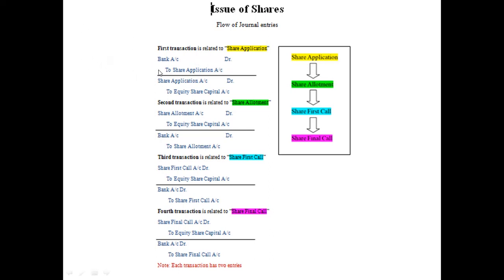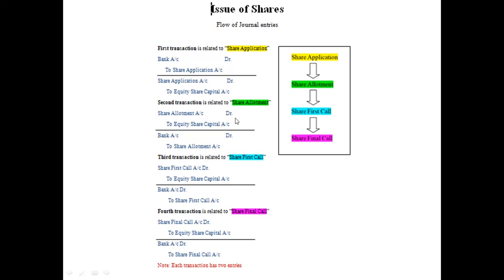Once we finish this first entry, the money that has been received should be transferred to equity share capital account. Be it equity share capital or preference share capital, we have to transfer the amount. So first entry bank account debit to share application, after that share application account debit to equity share capital account. You need to learn these entries.